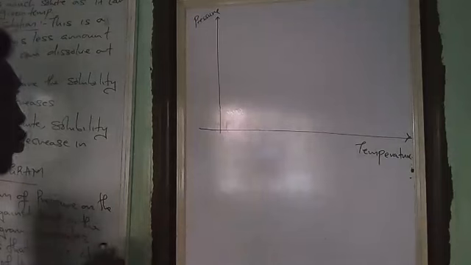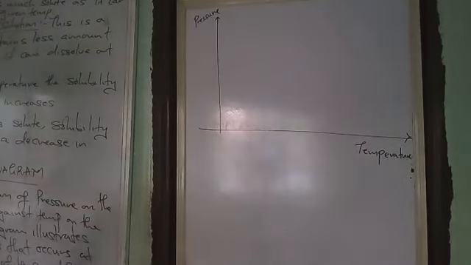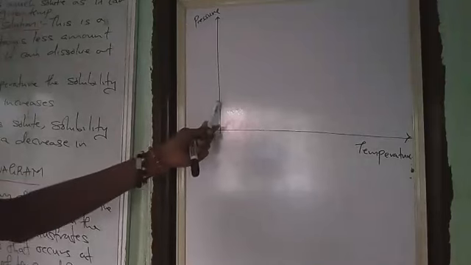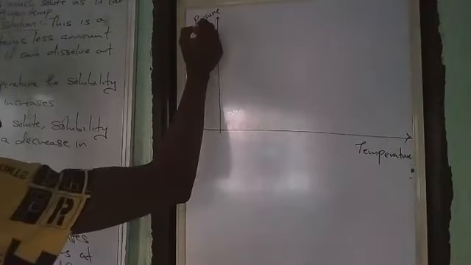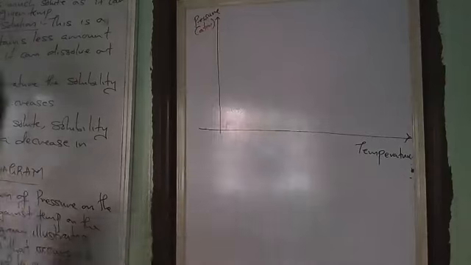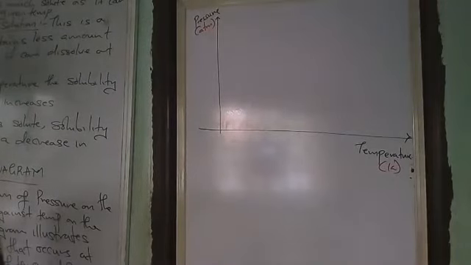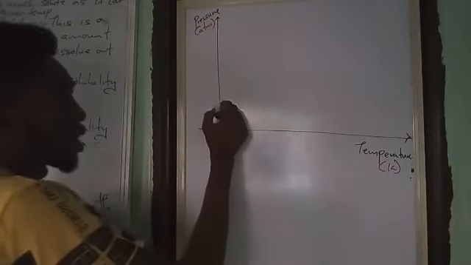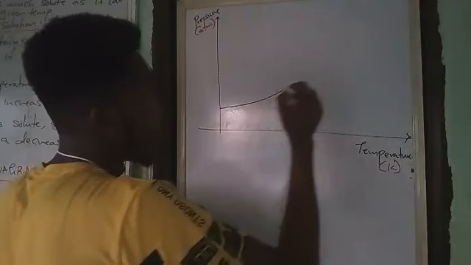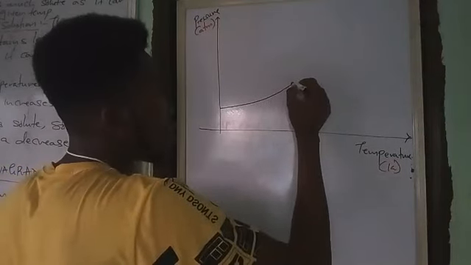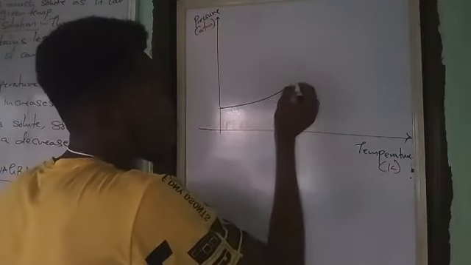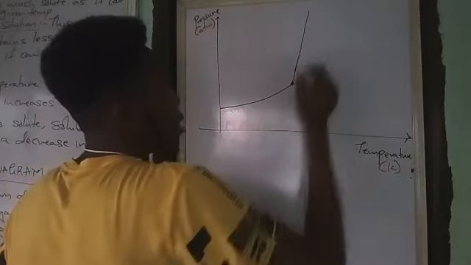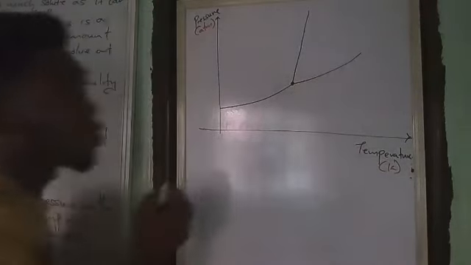Now, starting from the point on your pressure axis, and let's say we're measuring pressure in atm for clarity purposes, and our temperature here should be in Kelvin. Are we getting that now? Okay. Your phase diagram always goes in this direction. Starting from a particular pressure here, then it climbs up. It now depends on what. Now this point where I stopped is called the triple point.